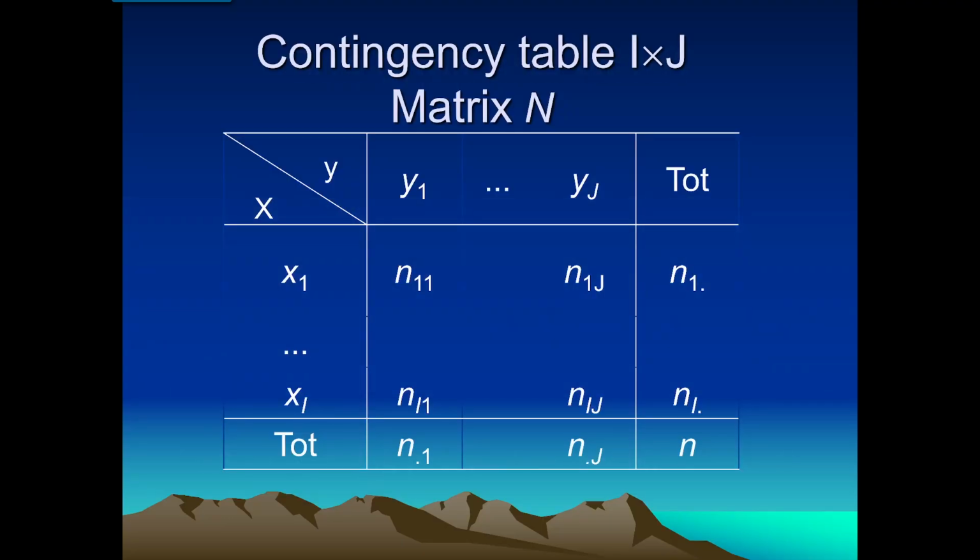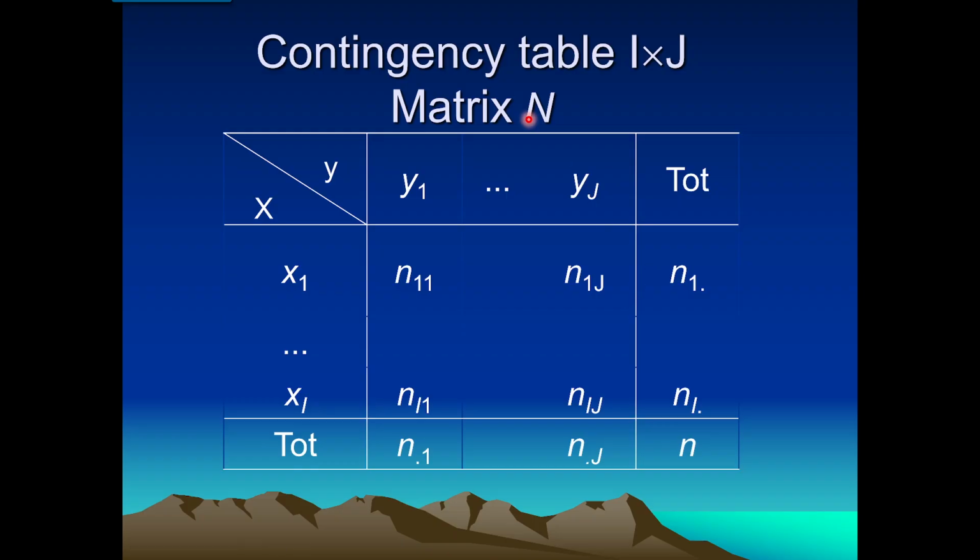Notation in symbols. This is the contingency table. Capital I categories for the rows, capital J categories for the columns. Total sample size, small n.